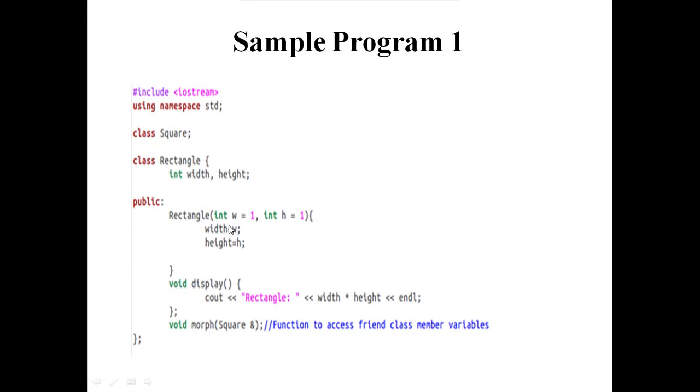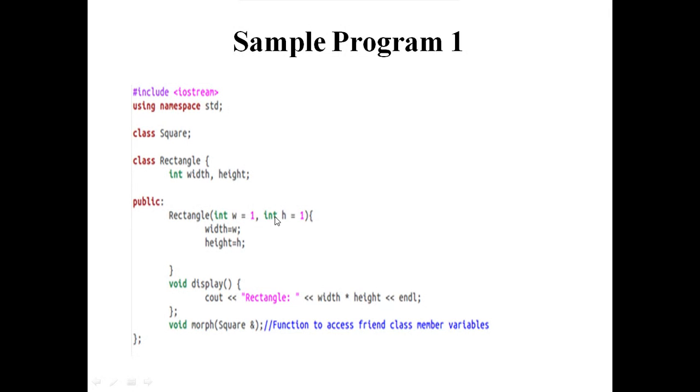Okay, so see here, this is class rectangle with two data members. One is width, another one is height, and then we have a constructor with default arguments, right? This constructor can be invoked with 0 arguments, 1 argument, or 2 arguments.